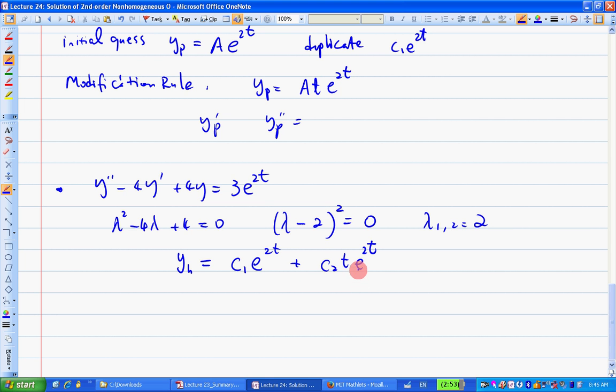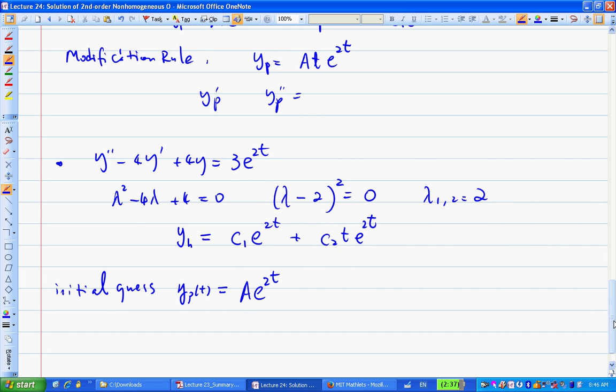And then we're going to take an initial guess of yp based on this f of t. So initial guess based on this format: A e to the 2t. And look at the modification rule now.